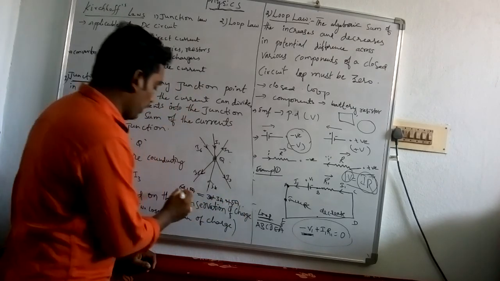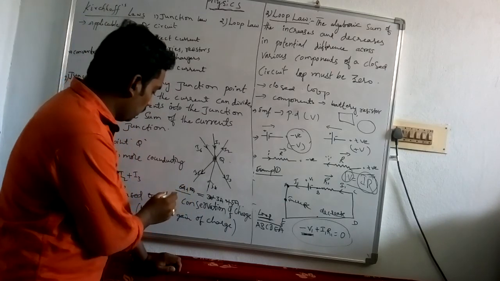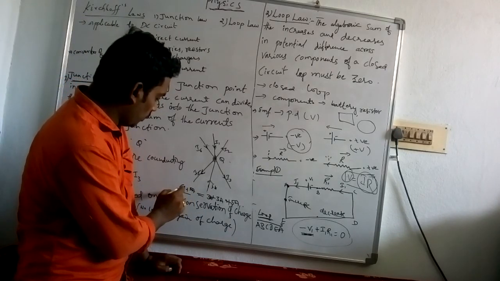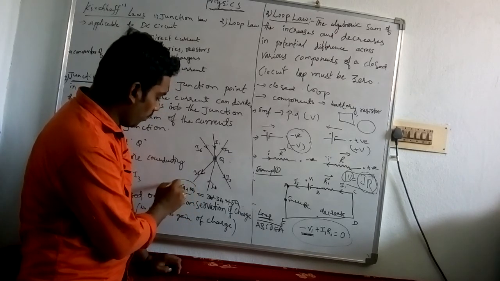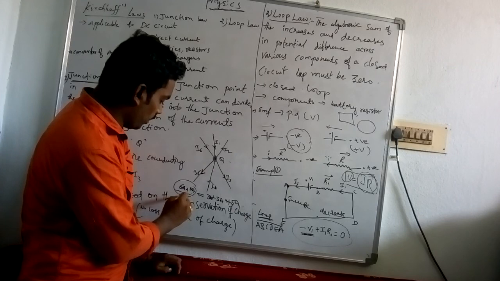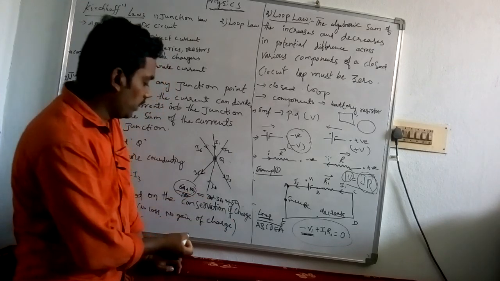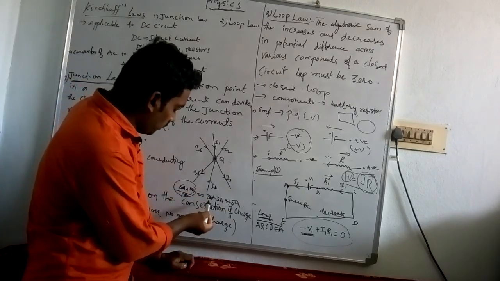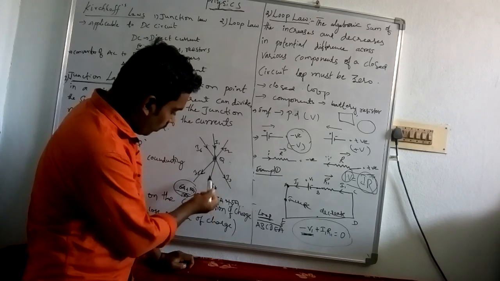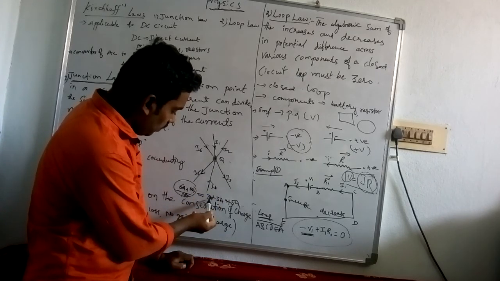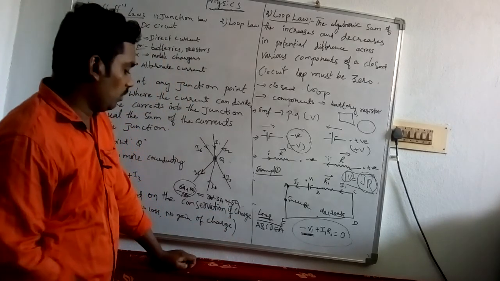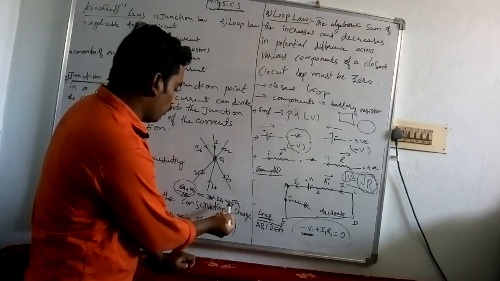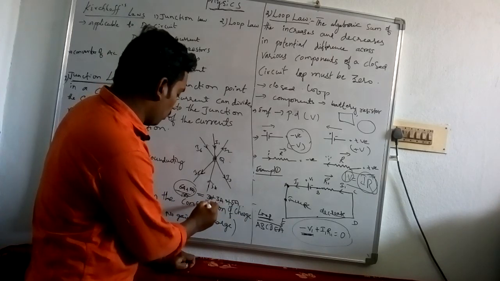Here the incoming currents: in one wire 6 amperes, in the second wire 5 amperes, and the sum becomes 11 amperes. Here also the leaving current wires: first 3 amperes, second wire also 3 amperes, third 5 amperes; 3 plus 3 is 6, plus 5 is 11, equal to 11.